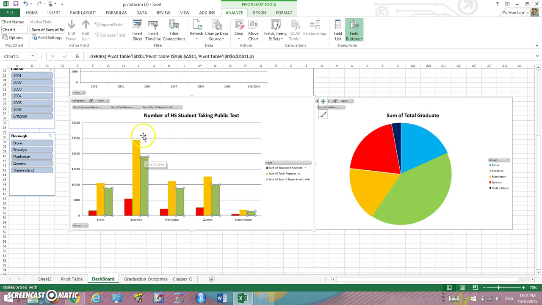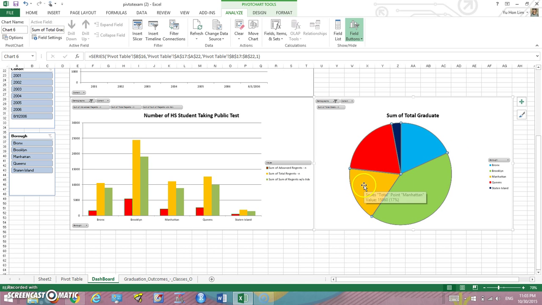As we can see, Brooklyn has the highest number of African American students taking the Regents test. However, only one fifth of African Americans who take the Regents test also take the advanced Regents. And as we can see here, Brooklyn has the highest graduation rate.